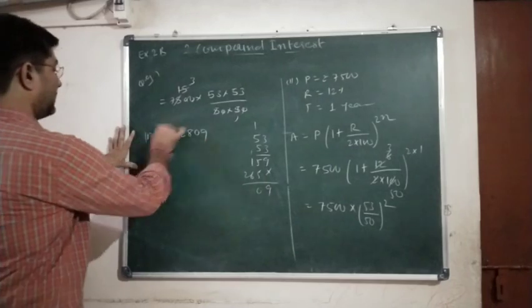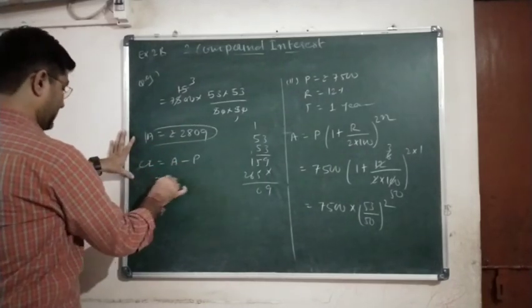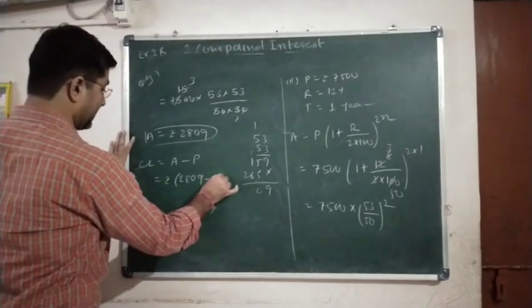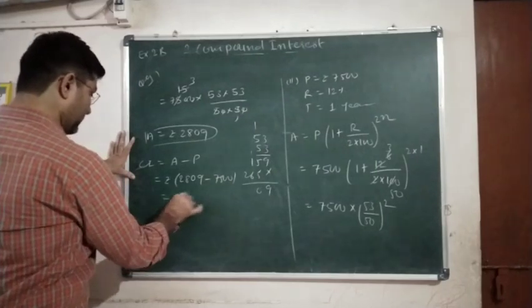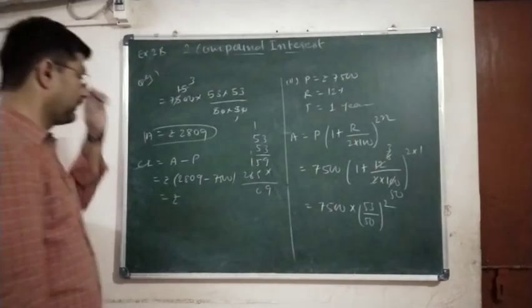2809 is the amount. Now we have to calculate CI. CI is equals to A minus P. 2809 minus 7500. Okay, what is the mistake? Okay, we have to multiply it by 3.